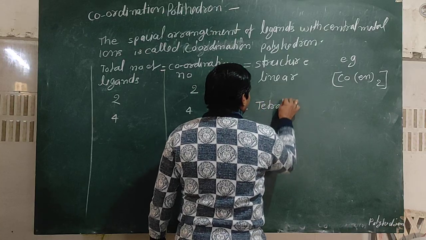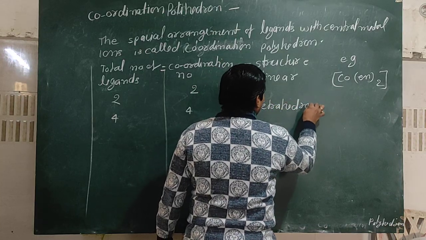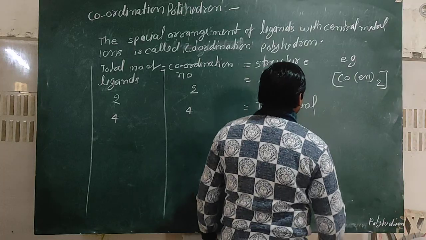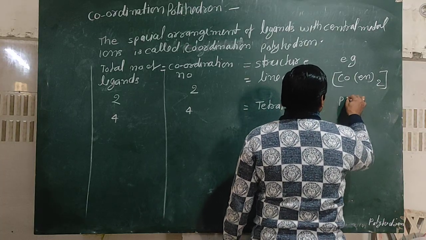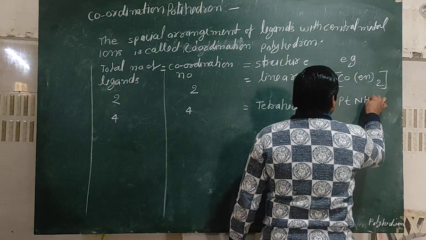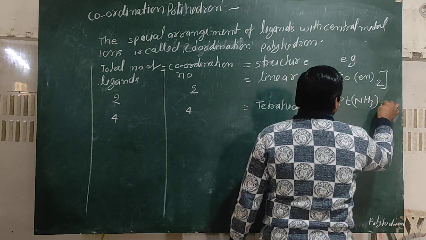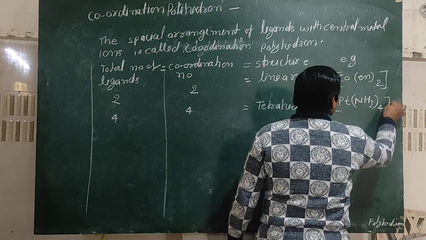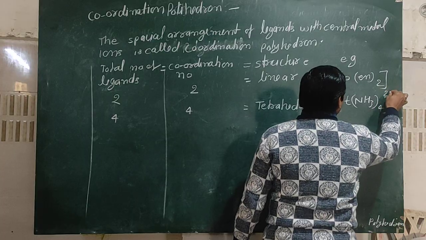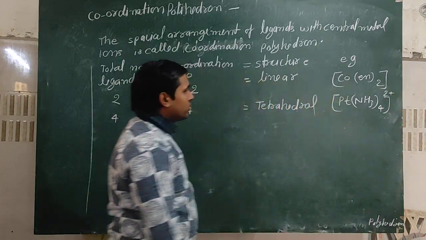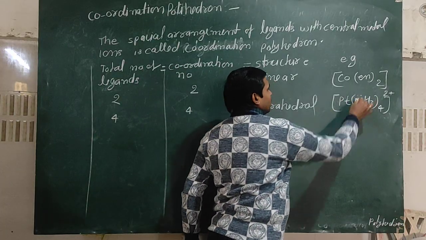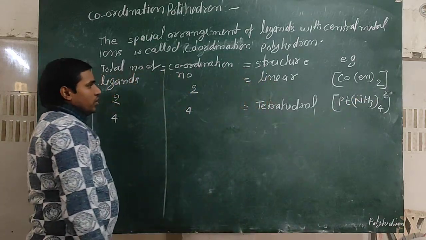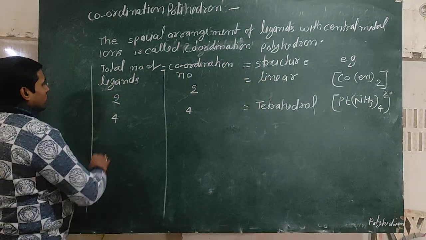tetrahedral, and an example is Pt(NH3)4. In this complex, 4 ligands NH3 ammonia directly attached with the platinum, then it shows tetrahedral structure.